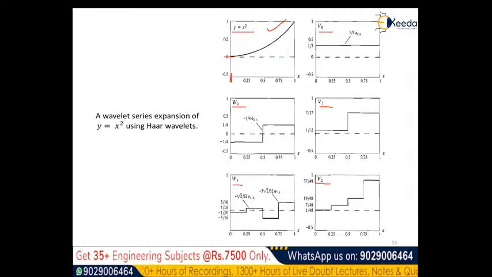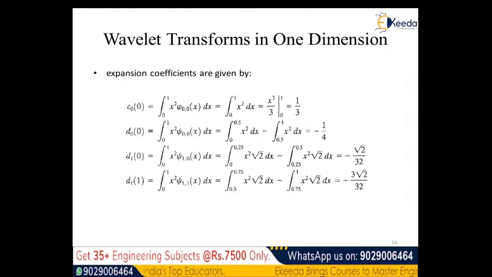So here we go for the expansions of the coefficients given by the mathematical representations. Here we can have the values for the different coefficients, both for the scaling as well as for the wavelet coefficients. For the scaling coefficient, we have c suffix 0 as a function of 0 that has been computed here: the integral from 0 to 1 over x square.